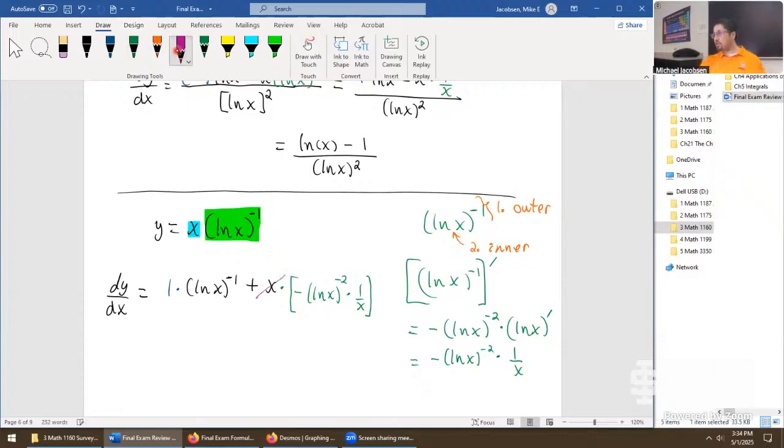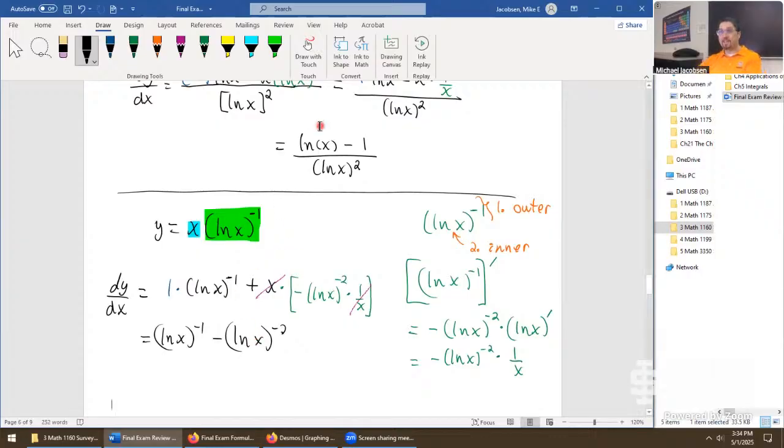We still get a cancellation here to here, so that part's gone. And what's surviving is natural log x power -1 minus natural log x power -2. Looks like we've got all there.